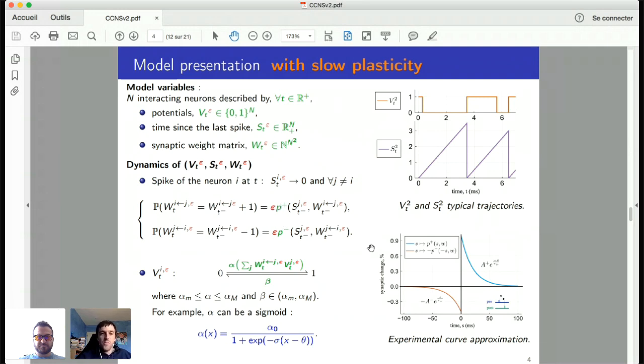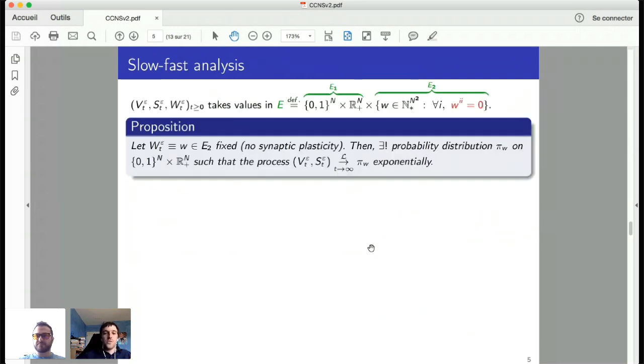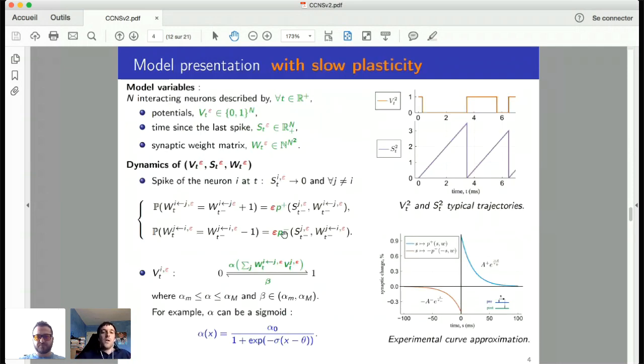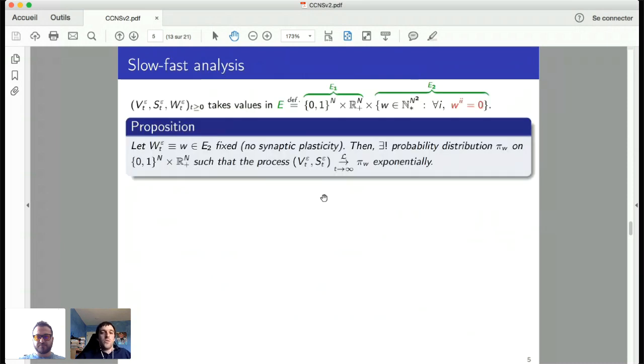So now we look at what's happening when epsilon tends to 0. First, the weight will not change, so we are interested in the behavior of the process when W is fixed. And we show that V, S will converge exponentially fast to a probability distribution that we will call P_W.